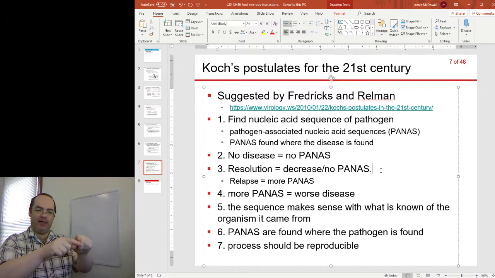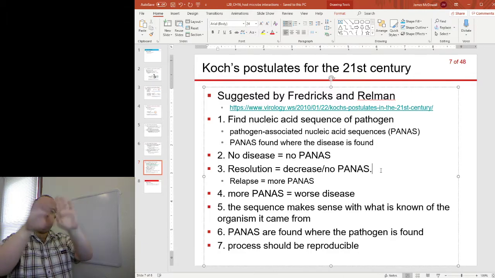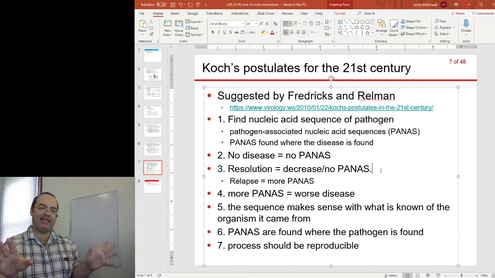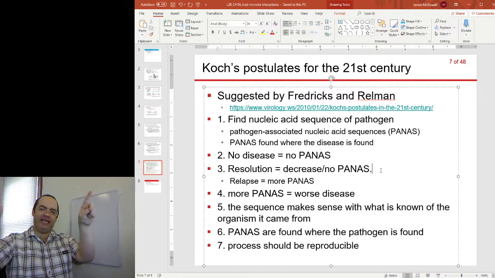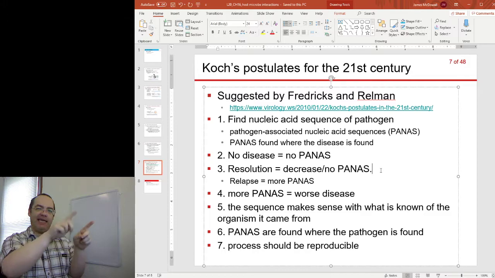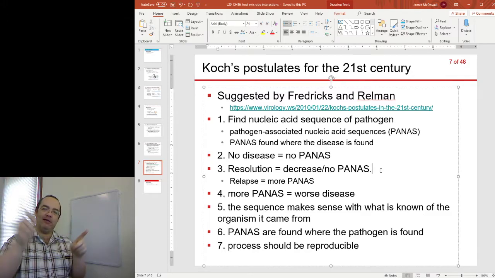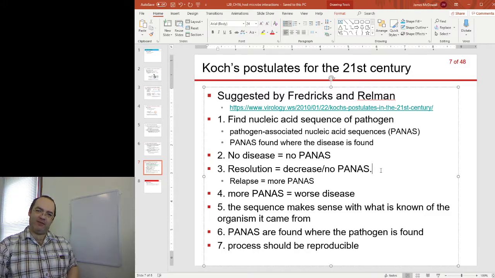You can go into a diseased host, take a swab, take that swab to your lab, multiply up the nucleic acid sequences, and read the A's, the T's, the G's, and the C's, and say, well, it's ATTGC, that means that it came from this organism.